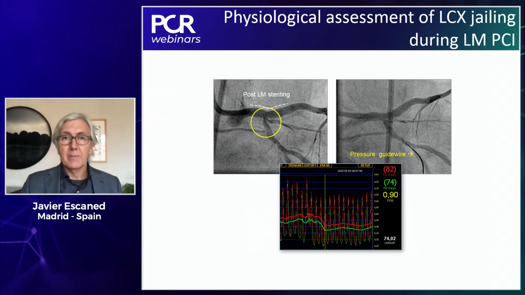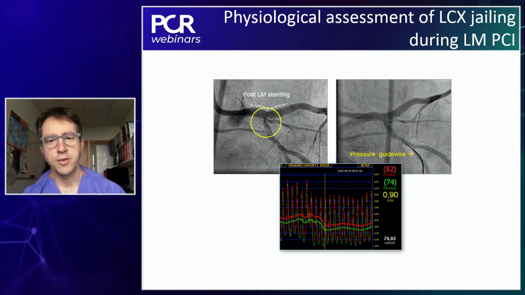Javier, if we hold on that slide, because I think this does generate some interesting discussion around the use of physiology, and clearly there's beautiful data, particularly originally from South Korea, in terms of the use of pressure wire to assess the significance of your side branch. But I do wonder whether here, where we're focusing on the left main and the most important of bifurcations, that same rule can be played out.